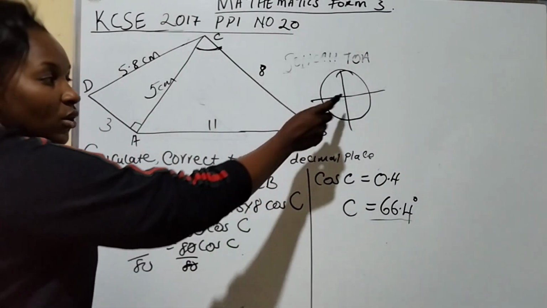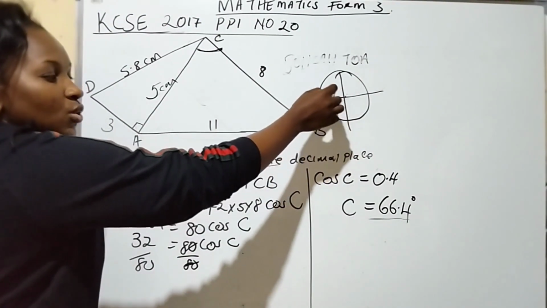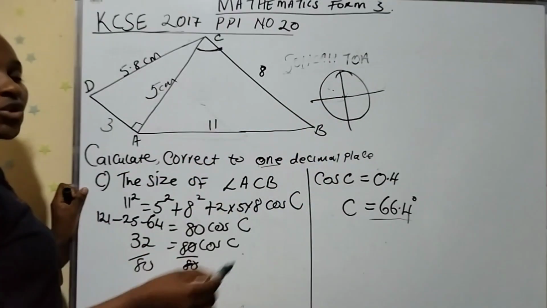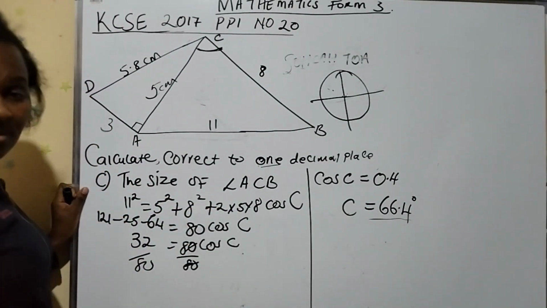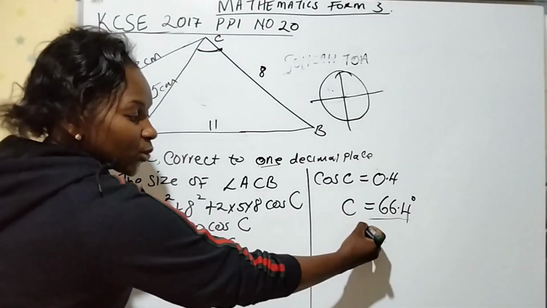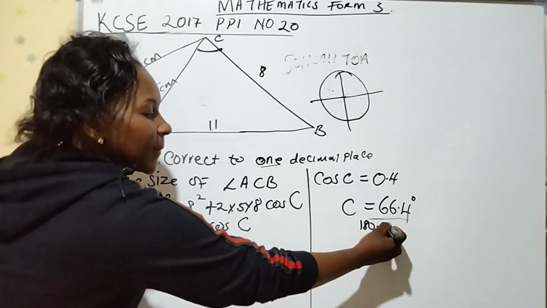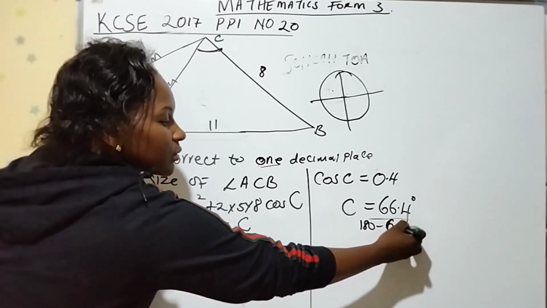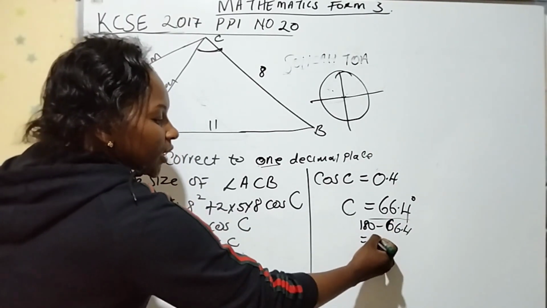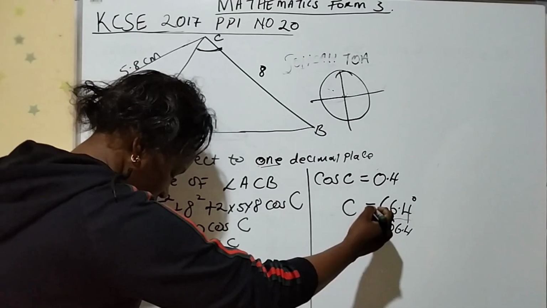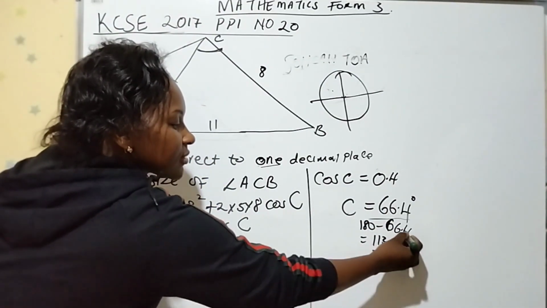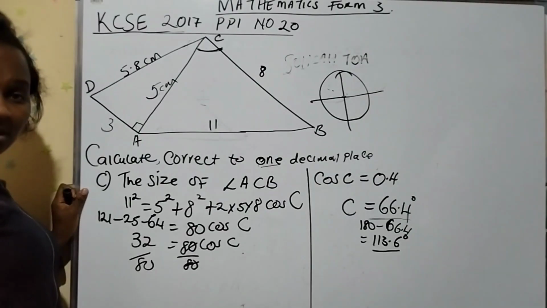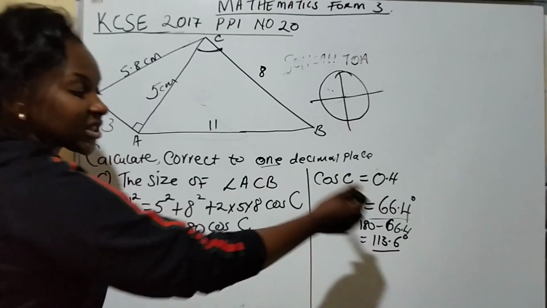We have another angle which is in the second quadrant. For us to get it, we say 180 minus 66.4. Then we are going to get 113.6 degrees. And this is what we are supposed to have.